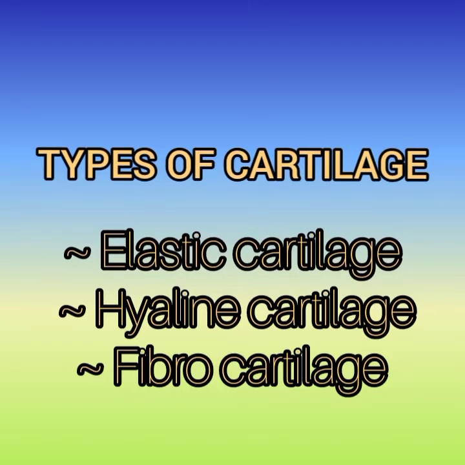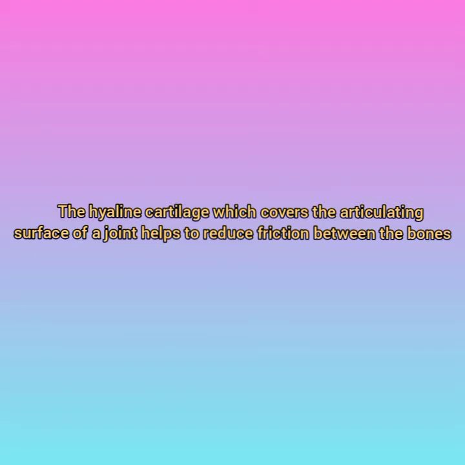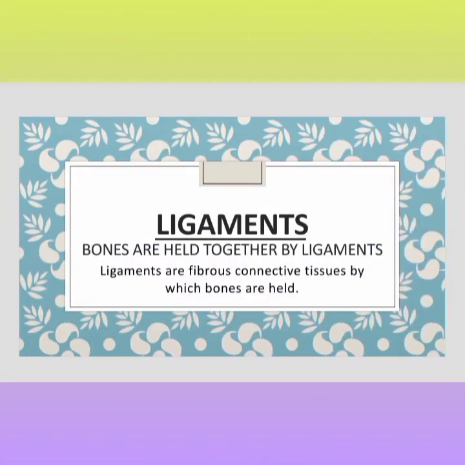We've talked about three different types of cartilage: the elastic cartilage, hyaline cartilage, and fibrocartilage. So the articulating surface of most bones is covered with hyaline cartilage. This serves to reduce friction between the bones at that joint, as well as to minimize the wear and tear that could result from friction.